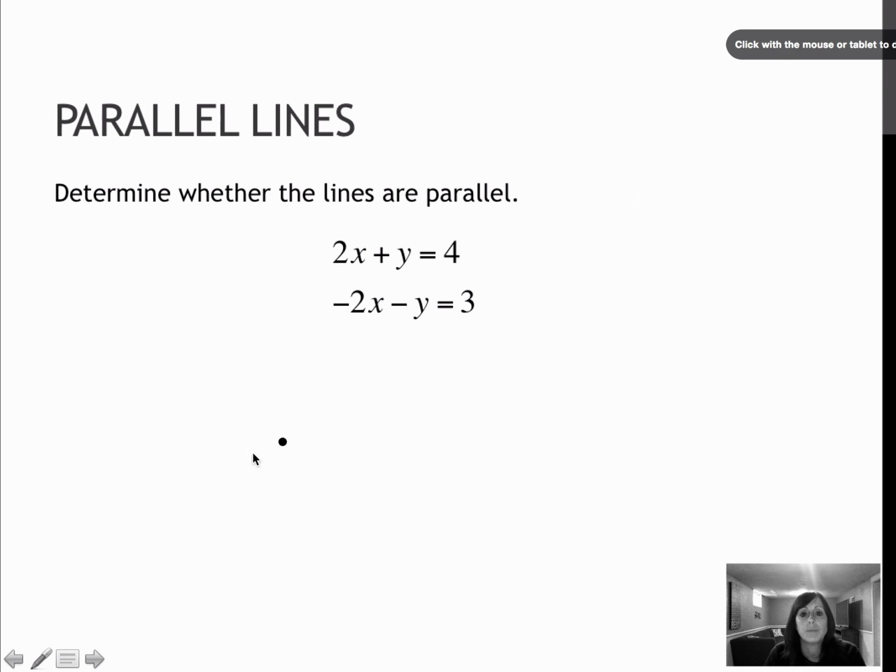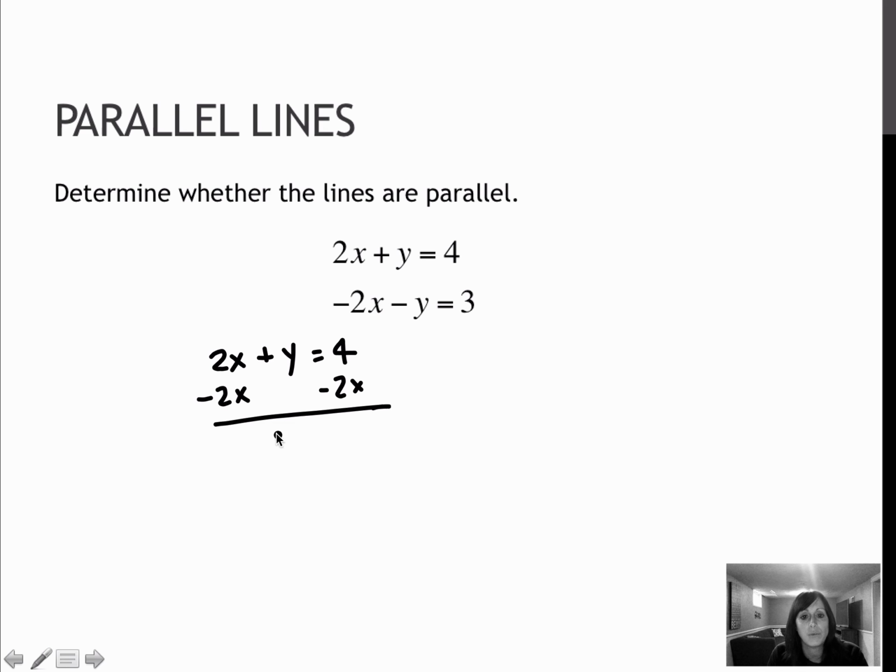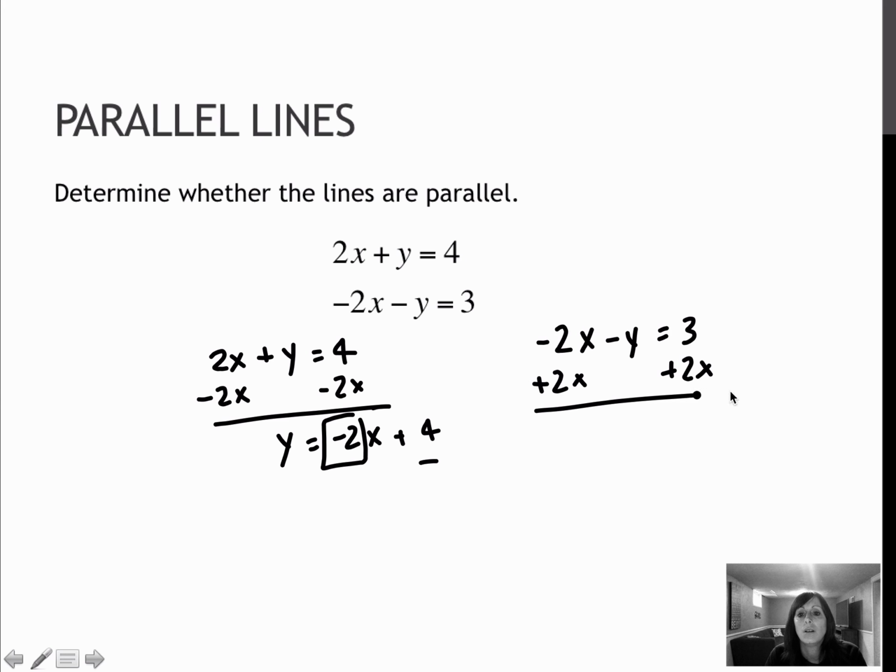Let's try this one. My first one is 2x plus y equals 4. I would subtract the 2x to get y by itself, which gives me a slope of negative 2 and a y-intercept of 4. On my second example, if I add 2x to each side, that gives me negative y equals 2x plus 3.